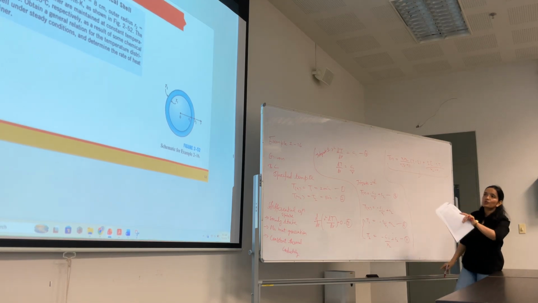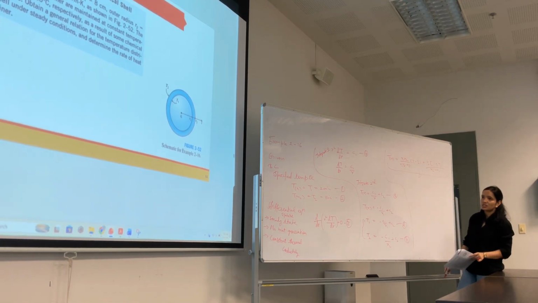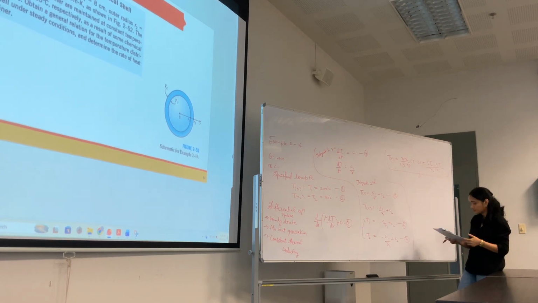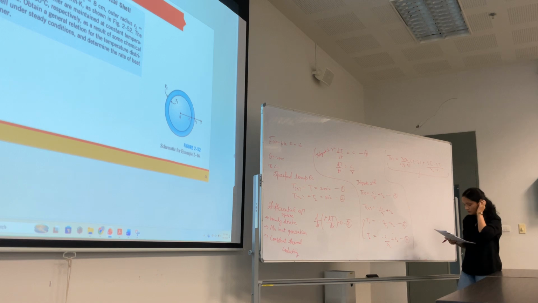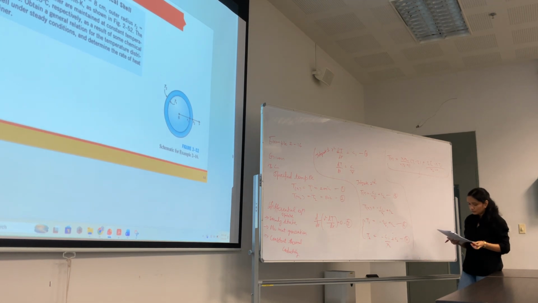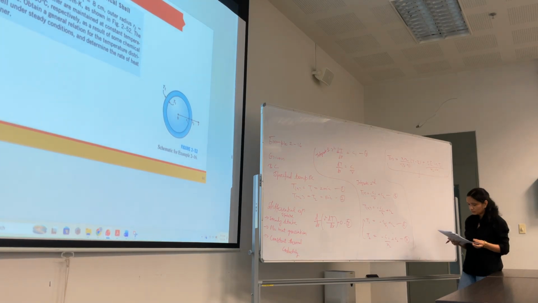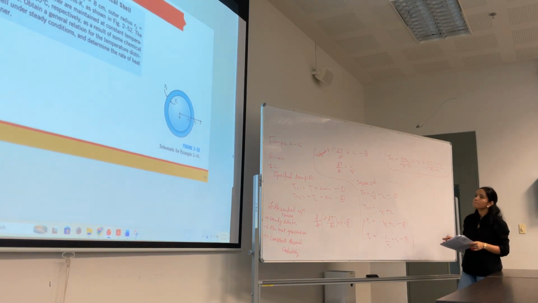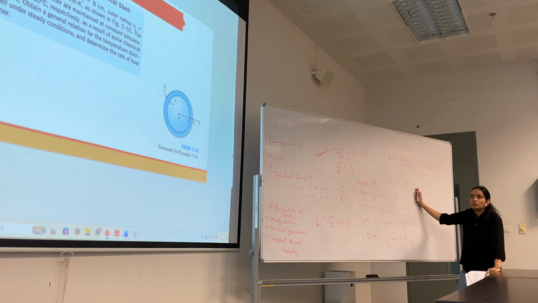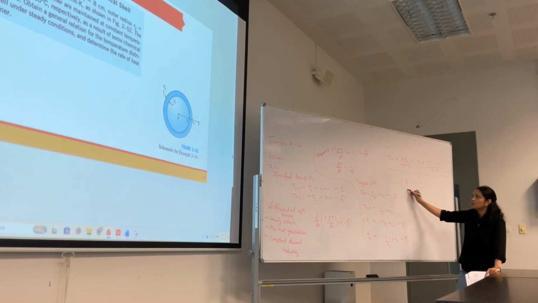The second part of the question is asking to determine the rate of heat loss. Rate of heat loss is capital Q. When it's asking heat flux, then it's small q.